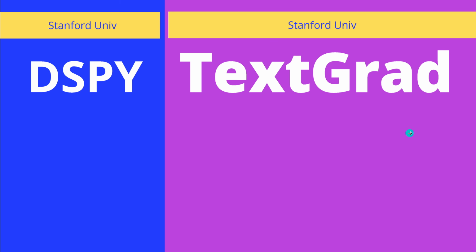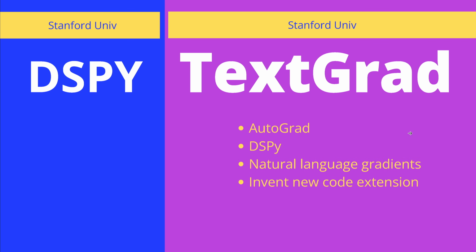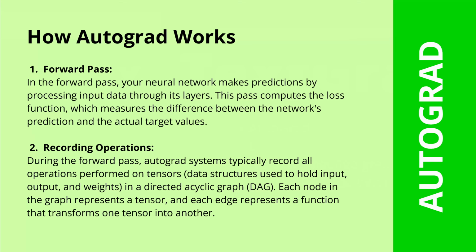So let's have a closer look at this. We will start with AutoGrad, just for my green grasshoppers to remember this, then DSPy, and then we focus on natural language gradients, which is something beautiful in TextGrad, and then I show you the new code extension and I give you 4 notebooks that you can try out yourself immediately, and it is open source.